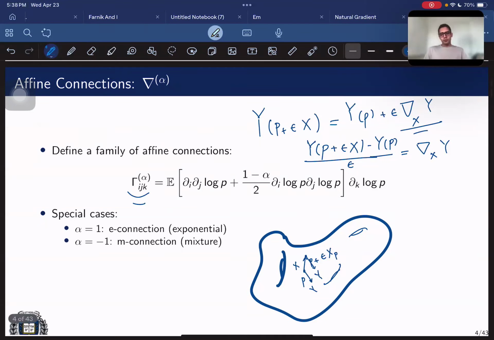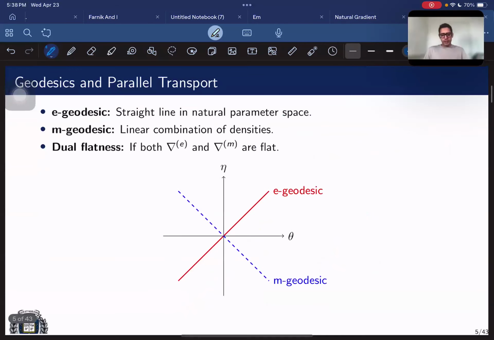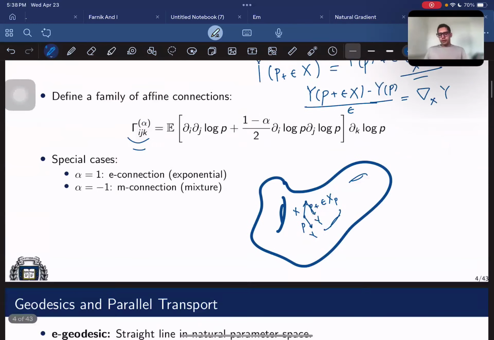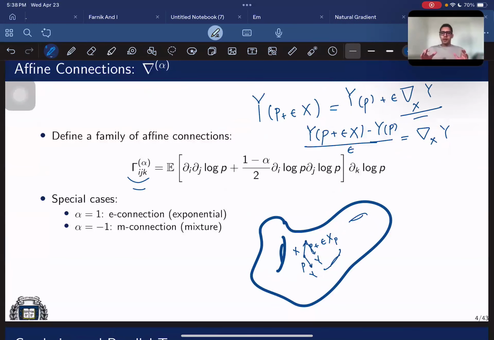Then we went through 2 special cases of affine connections. One is for alpha equals 1, which we saw as the e-connection or exponential connection. Why? Because if you put alpha here equals 1, then all of this becomes 0.